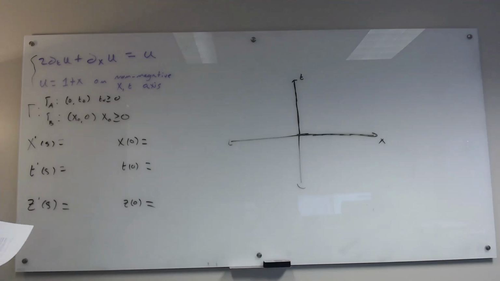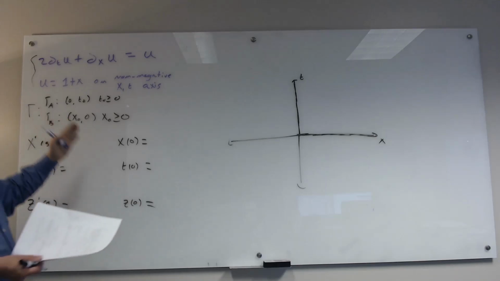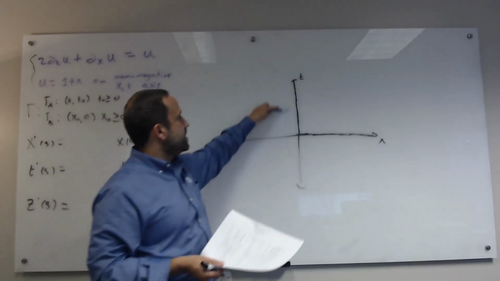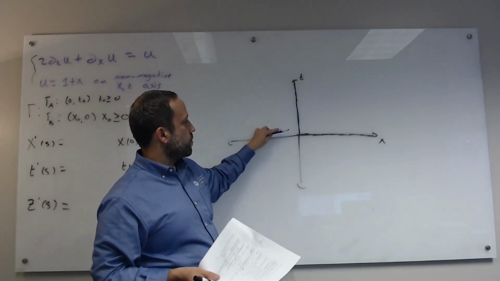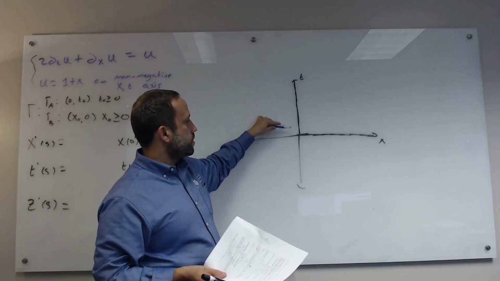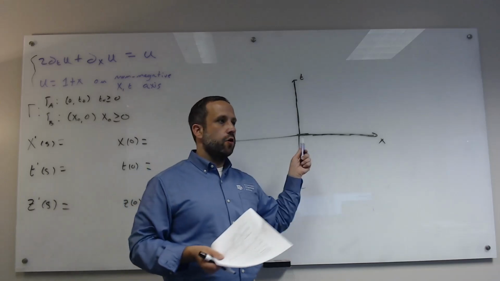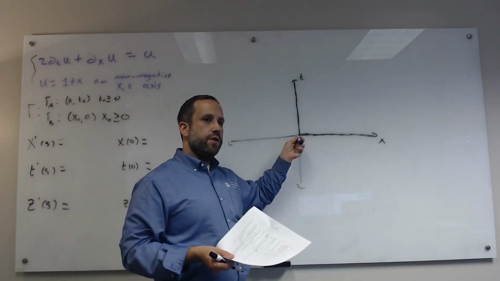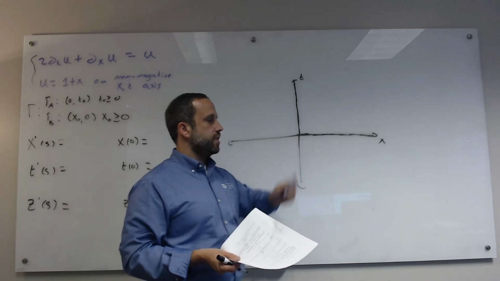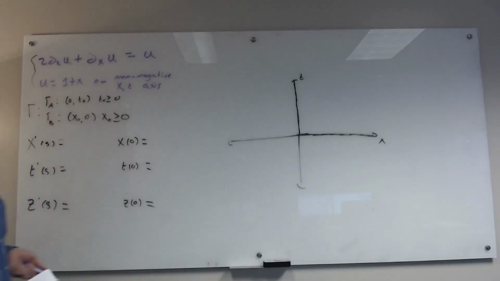So for example, if u was equal to e to the t on the non-negative t-axis, and then 1 plus x over here, it would be continuous there, because both would be equal to 1.